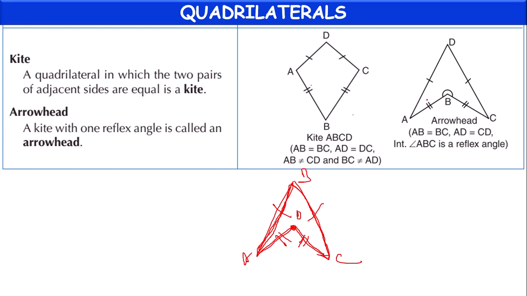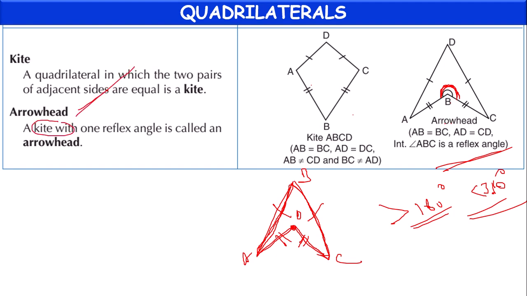if two pairs of adjacent sides are equal, along with that, if one angle formed at B is a reflex angle, meaning greater than 180 degrees and less than 360 degrees, then that kite will be called an arrowhead.